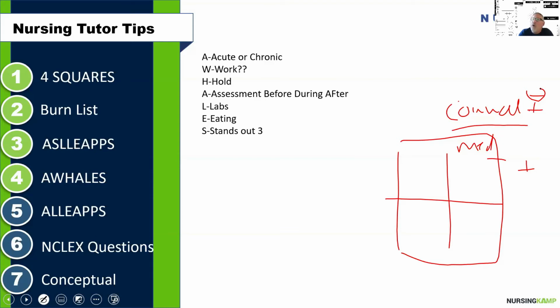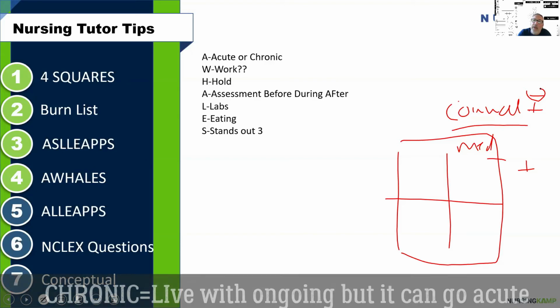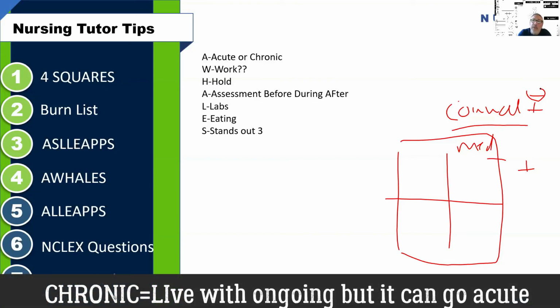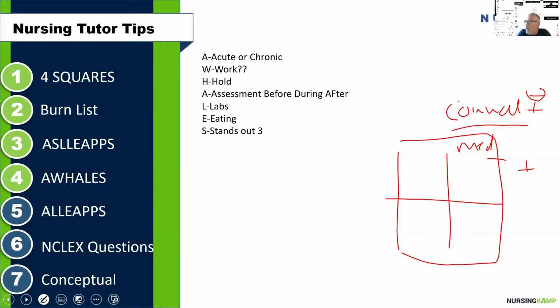Yeah, so most chronic things have acute principles. And we talked about this previously with a DVT. You could be diagnosed with a DVT, but the acute principle is when it evolves into a PE, or you can be diagnosed with hypertension. Though it's chronic, it can become a stroke.